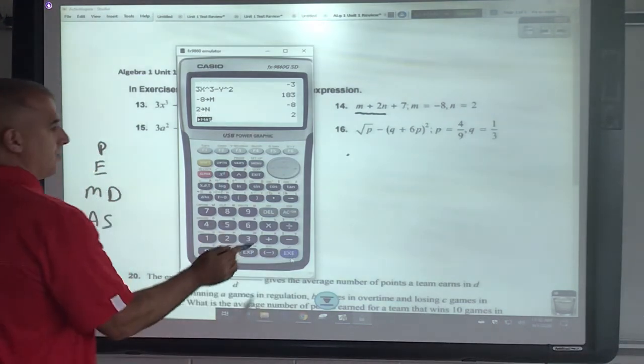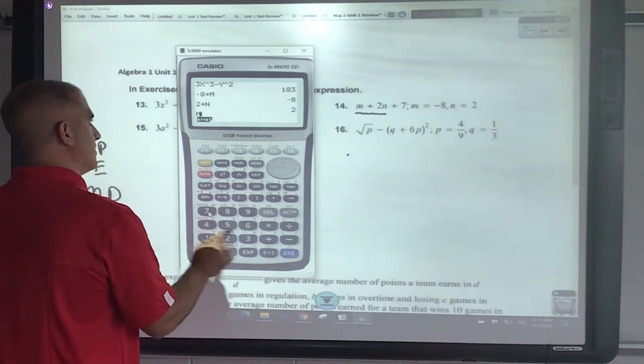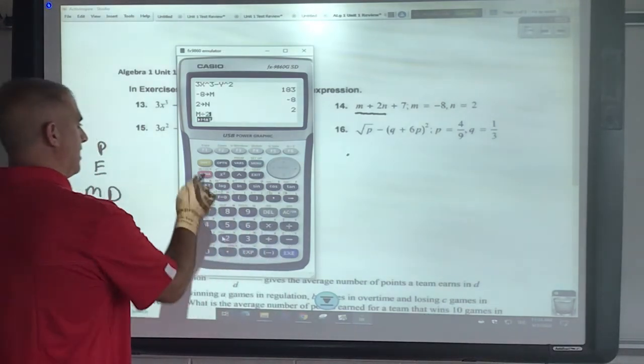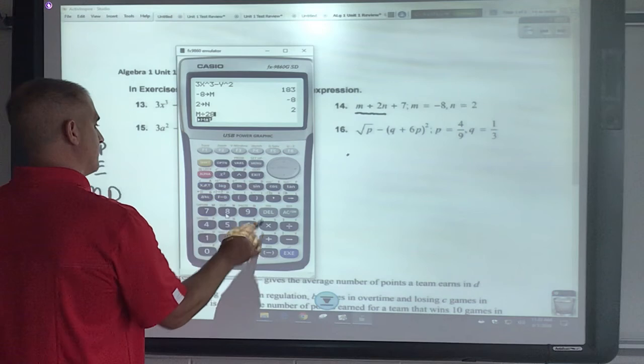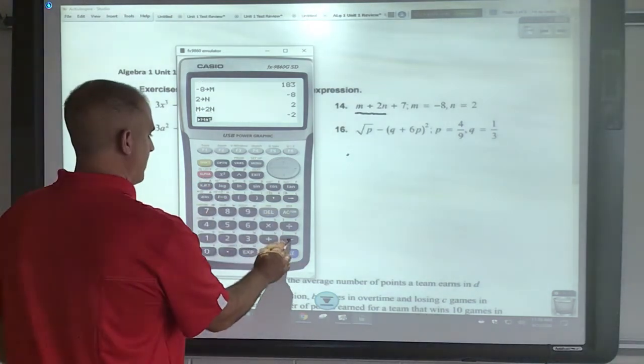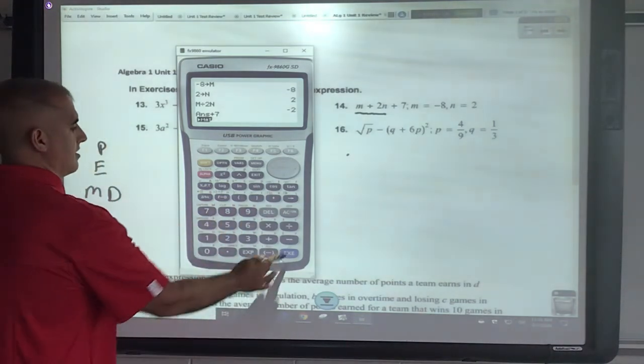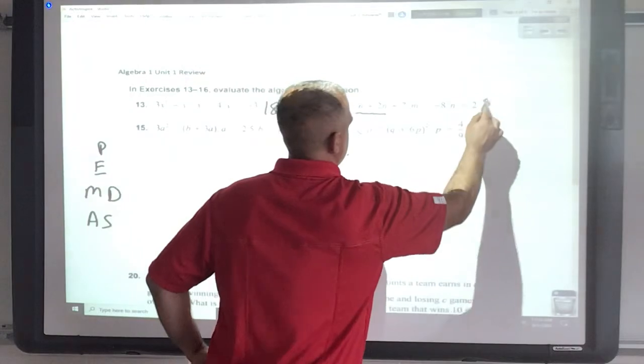So I want to do alpha m divided by 2 alpha n, and then I want to add 7. I get an answer of 5.